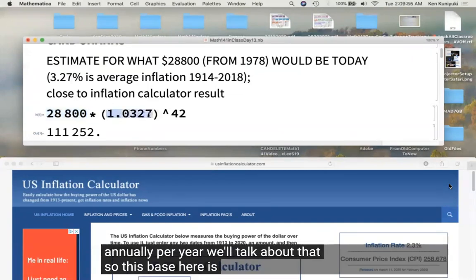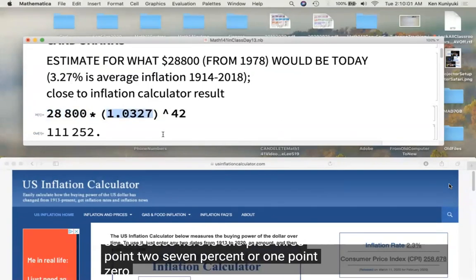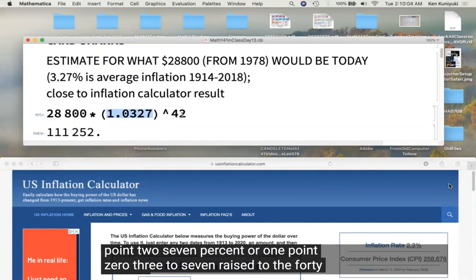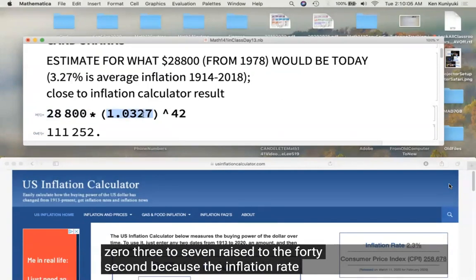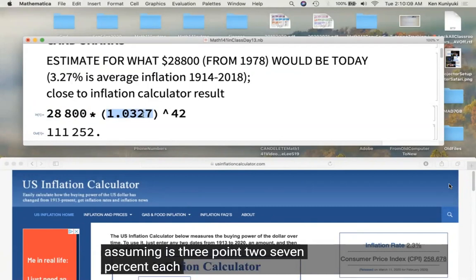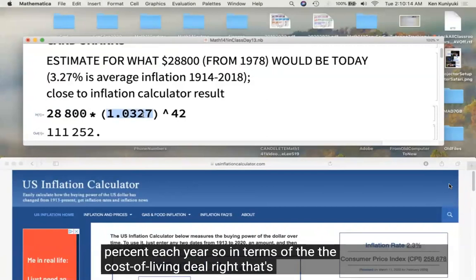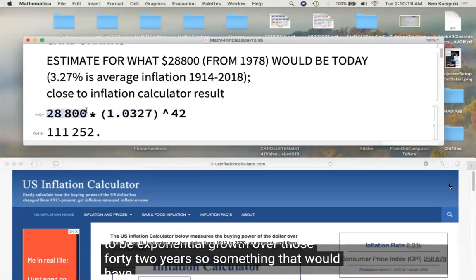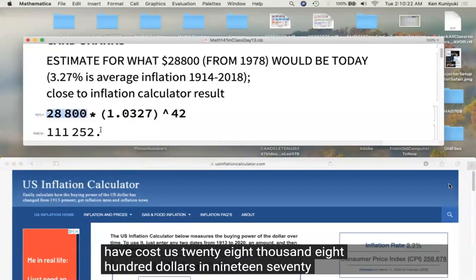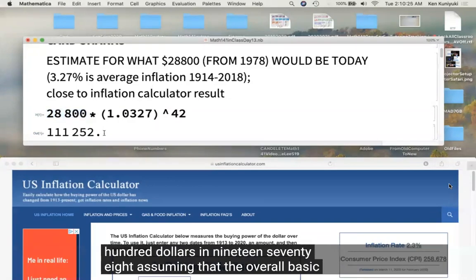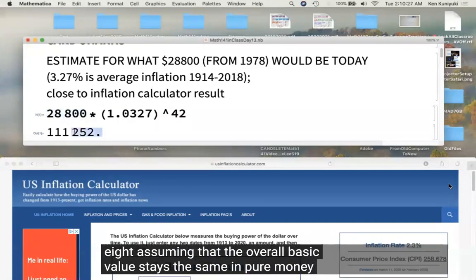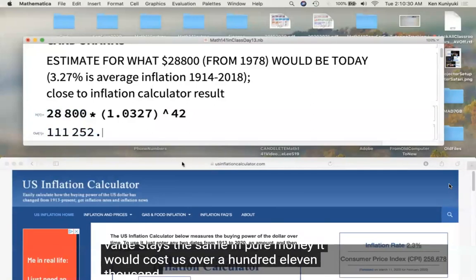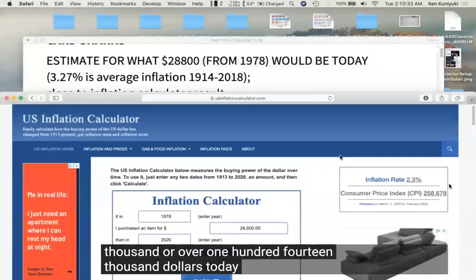So this base is 1 plus 3.27%, or 1.0327, raised to the 42nd, because the inflation rate we're assuming is 3.27% each year. So in terms of the cost of living, that's going to be exponential growth over those 42 years. Something that would have cost us $28,800 in 1978, assuming that the overall basic value stays the same, in pure money would cost us over $111,000, or over $114,000, today.